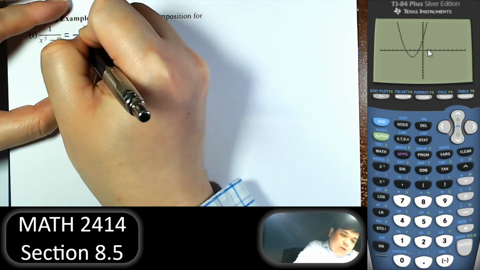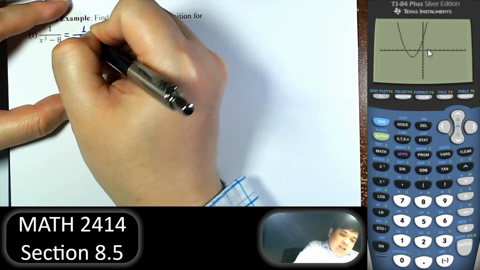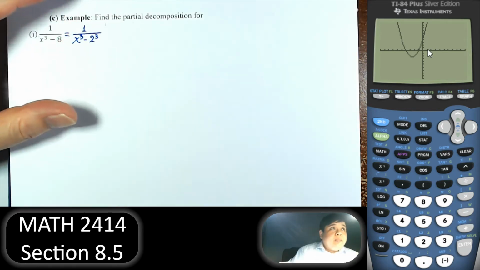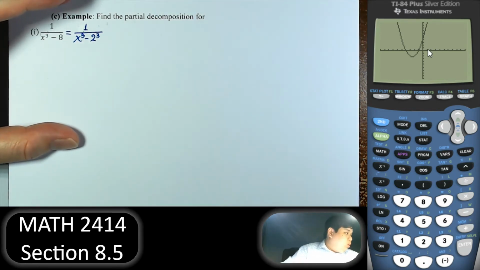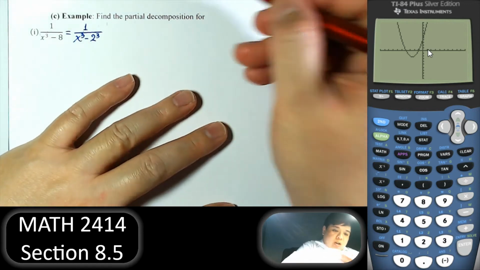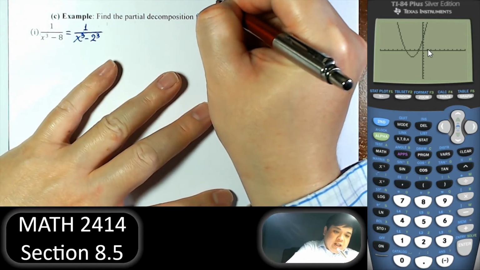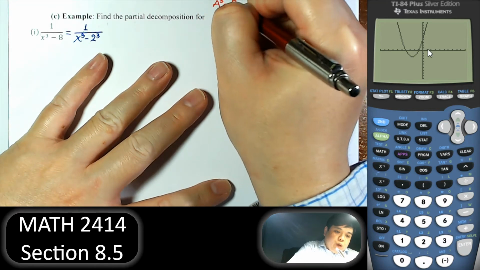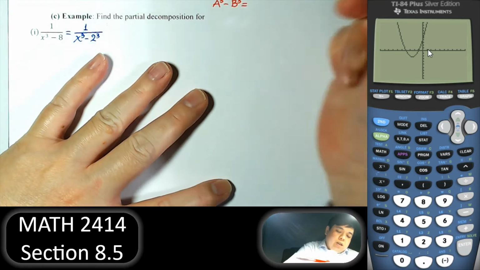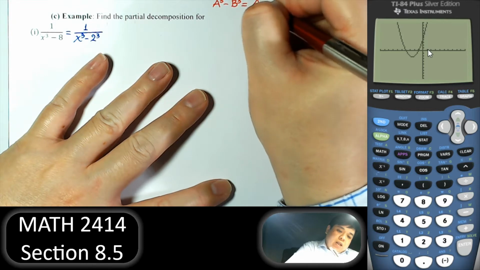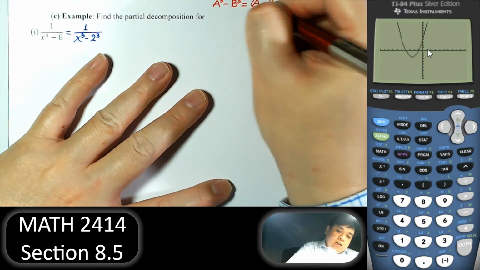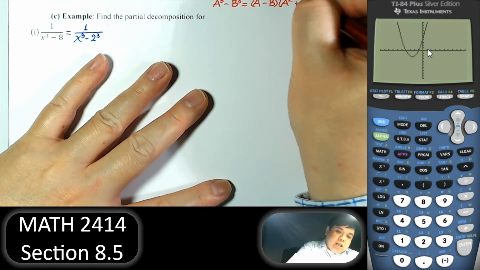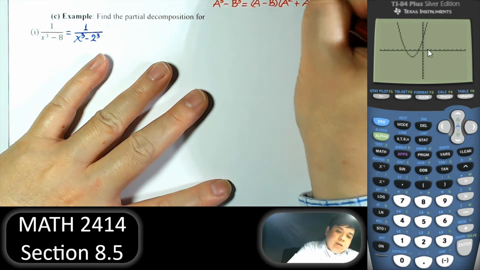X cubed minus 8 is x cubed minus 2 cubed, so we have a difference of two cubes. First, a review, I'm going to write down the formula here. A difference of two cubes is going to be a minus b, a squared plus ab plus b squared.